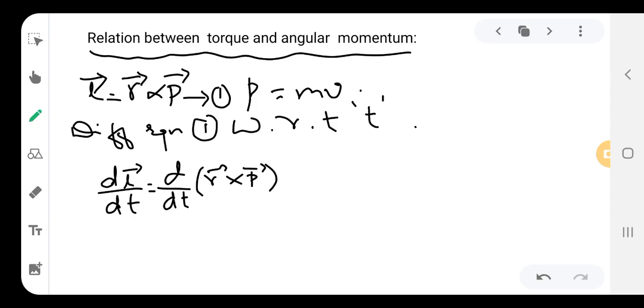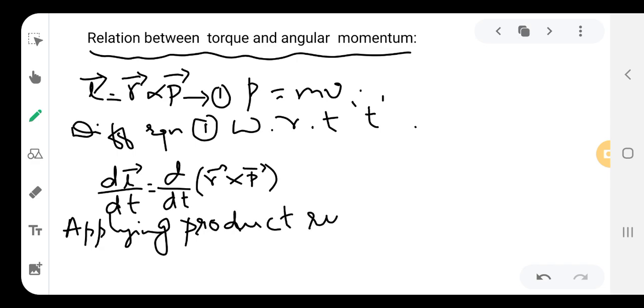So now applying the product rule for differentiation to the right hand side.